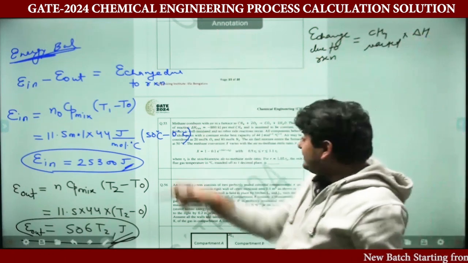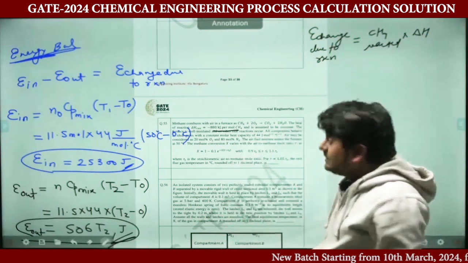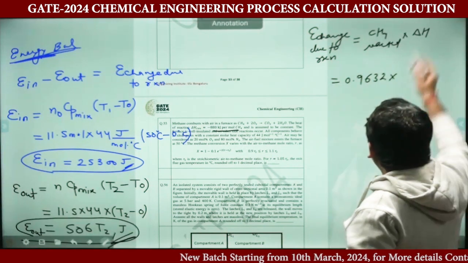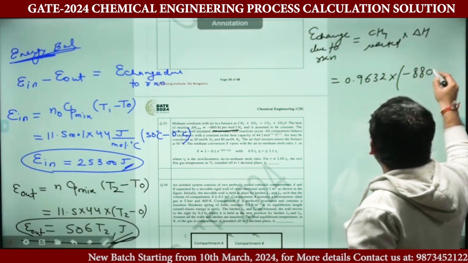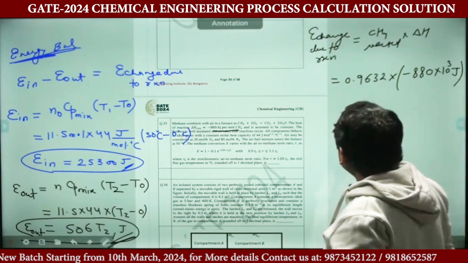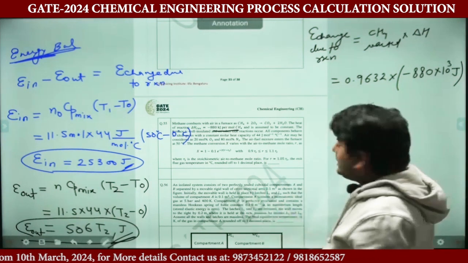Because delta H is given in terms of kilojoule per mole of CH4 reacted. So moles of CH4 reacted is 0.9632 and delta H is minus 880 kilojoule, which you can convert into joule like this. Now when you put all these three values in the equation, you will get your answer.